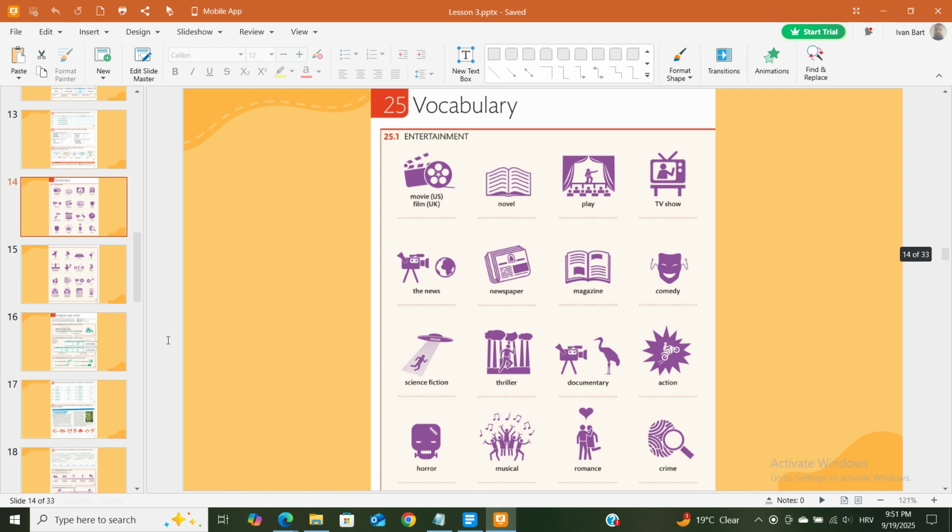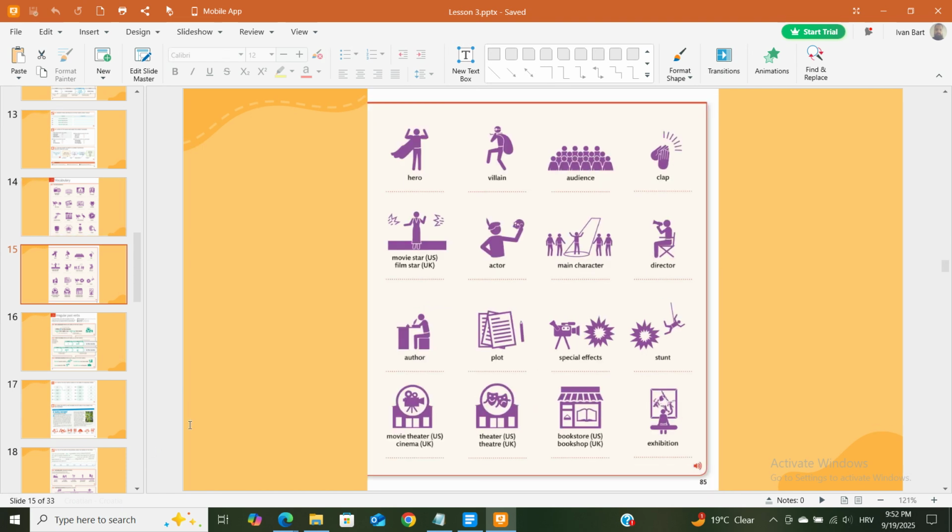25 Vocabulary. 25.1 Entertainment. Movie (US), film (UK), novel, play, TV show, the news, newspaper, magazine, comedy, science fiction, thriller, documentary, action, horror, musical, romance, crime. Hero, villain, audience.